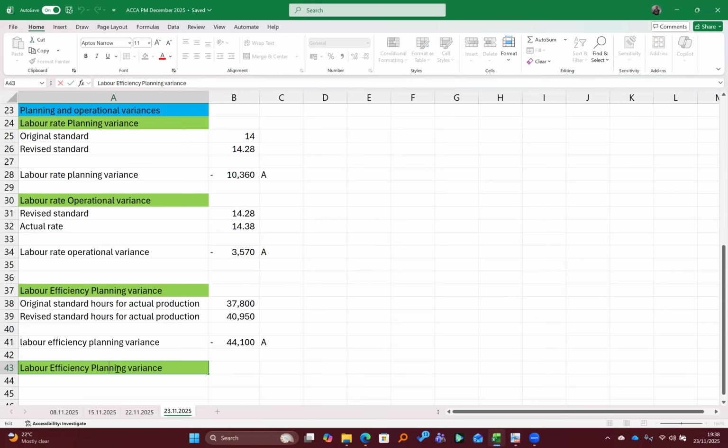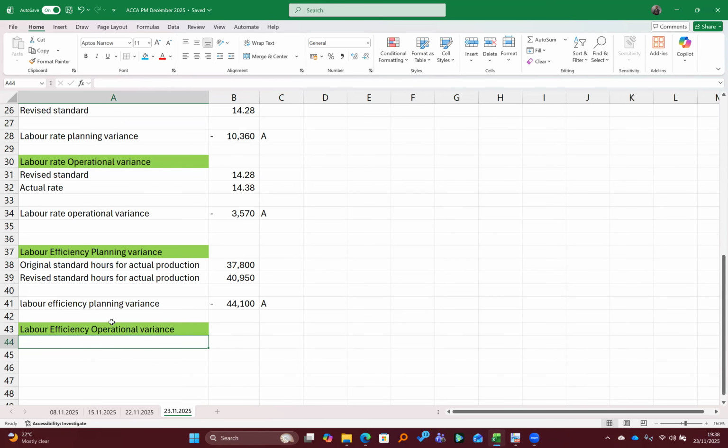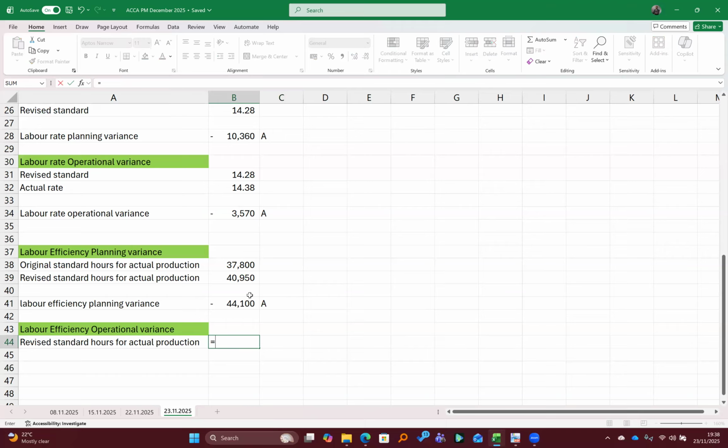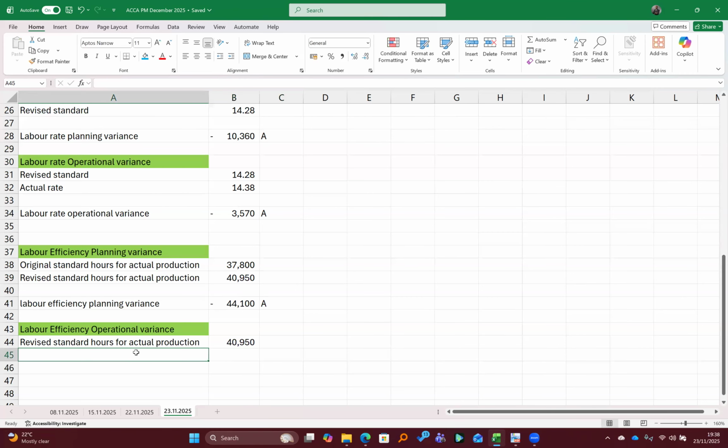And then finally, the labor efficiency operational variance. So here you start with the revised standard hours, of course, which is this. Then the actual hours that were used. As we know, we used 37,000. It means that although the revised hours that were expected were 49.50, the actual hours were actually less.